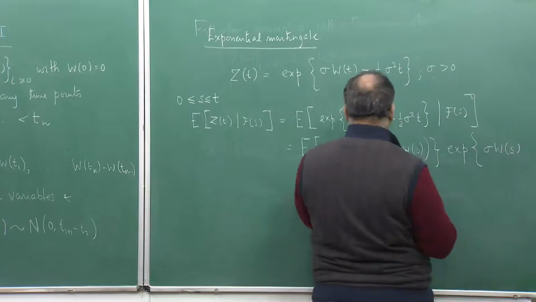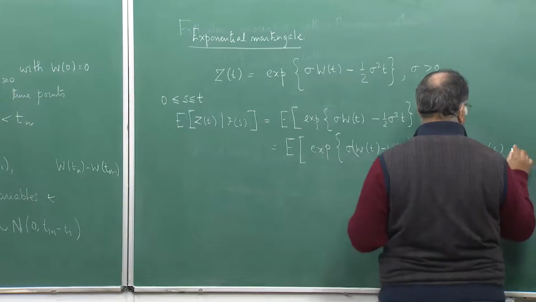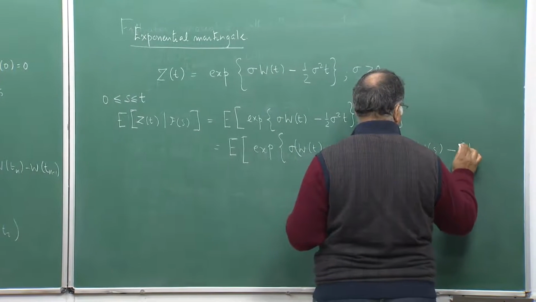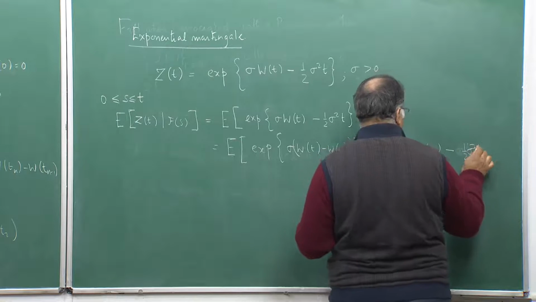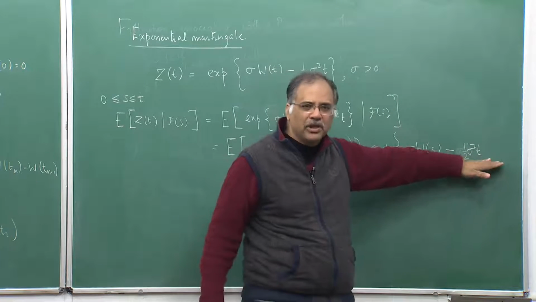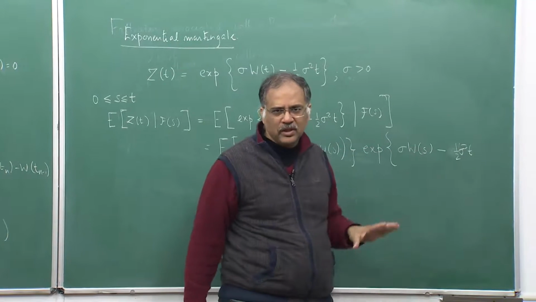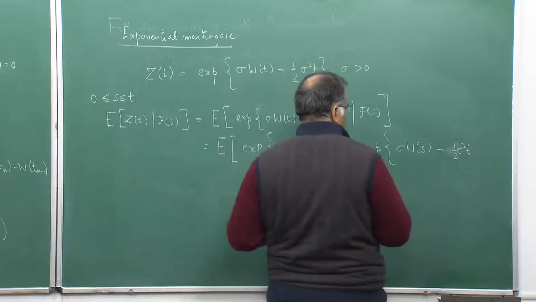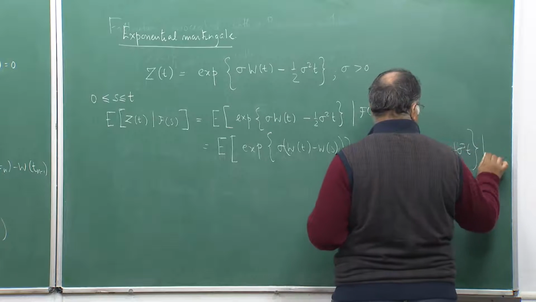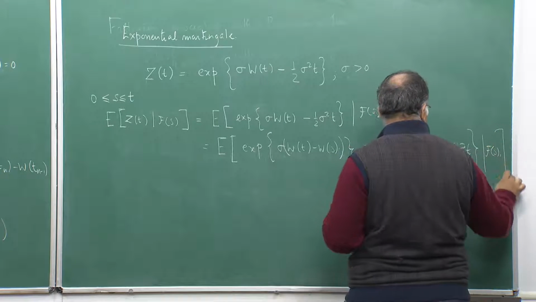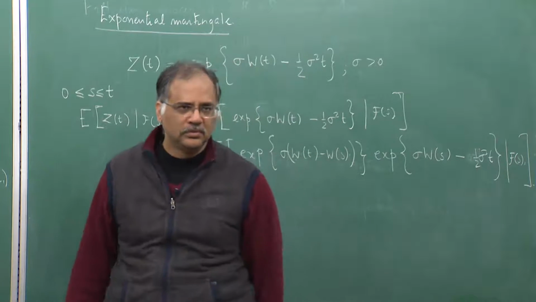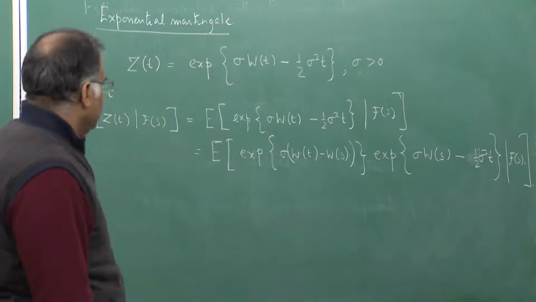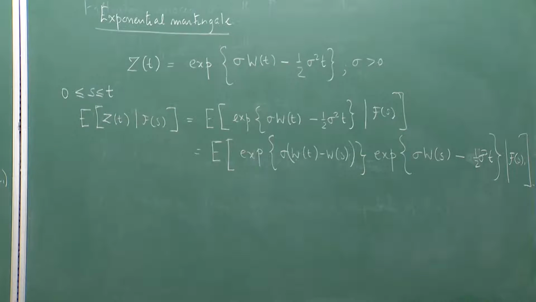So, we have added sigma Ws and subtracted sigma Ws here. Observe this: sigma square t is a non-random part, it is not a random variable. So here is the product x into y. There are some deeper questions here.